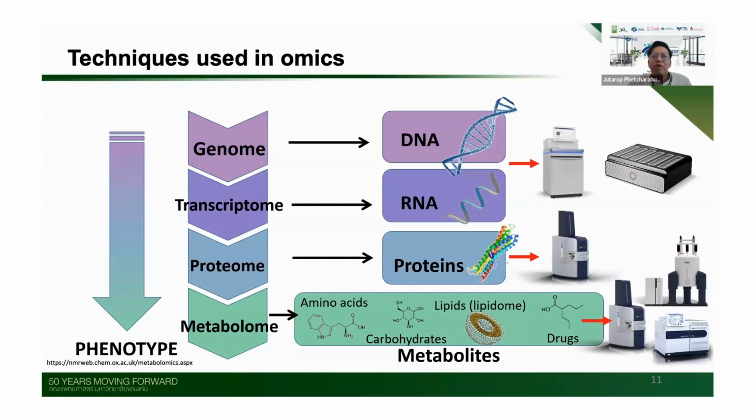For metabolome, when we need to analyze small molecules, for example, amino acids, lipids, carbohydrates, and some xenobiotics, for example, drugs, there are actually three major platforms: nuclear magnetic resonance spectroscopy or NMR, and mass spectrometry, either liquid chromatography or gas chromatography coupled with a mass spectrometer.